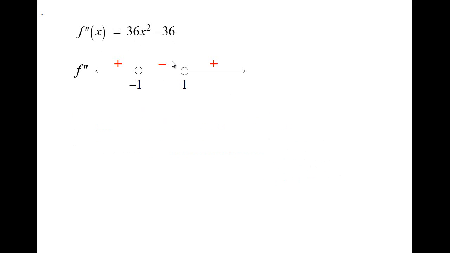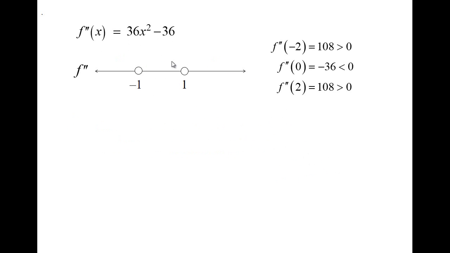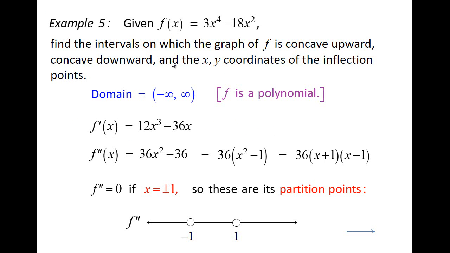So we have to go back to f to calculate the inflection points. We found that at -1 and 1 the concavity changes, so we need to find the y coordinates corresponding to these two values of x.